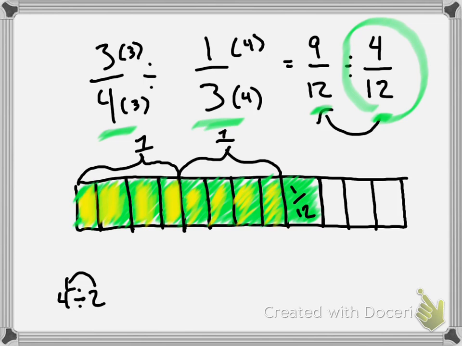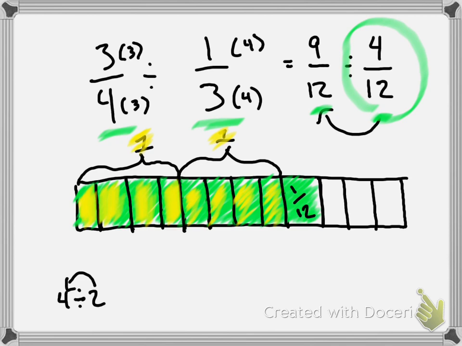And then we have 1/12 left over, right, in that 9/12. So in 9/12 we have 1 and 2 groups of 4/12. Or in other words, 4/12 fits into 9/12 twice, with 1/12 as a remainder.